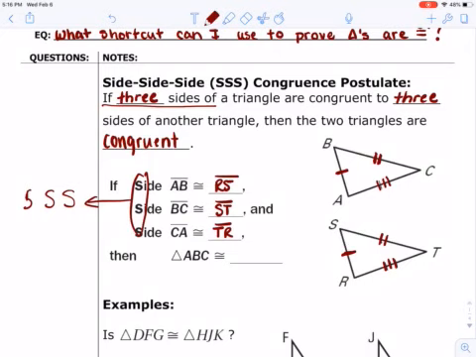So now I can say that triangle ABC is congruent to triangle, and we have to remember when we're writing this congruent statement that order matters. So triangle ABC is congruent to triangle RST.